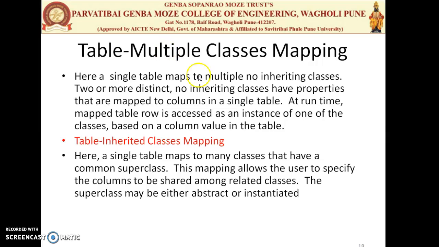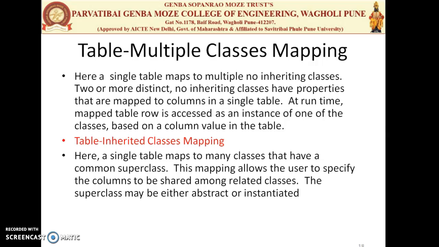Now, table multiple classes mapping. A single table can map to multiple inherited classes, one or more distinct inherited classes which have some properties that are mapped to the columns of a single table. At runtime, a mapped table row is accessed as an instance of one of the classes based upon the column value of that table.